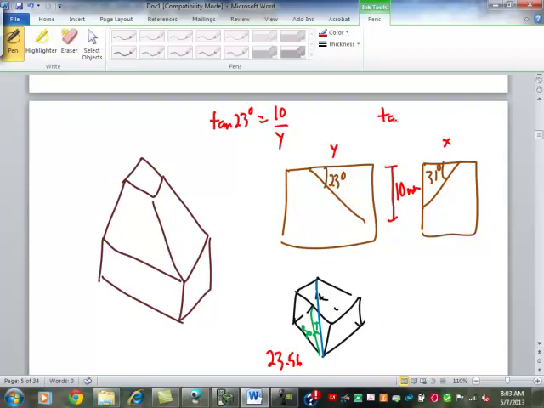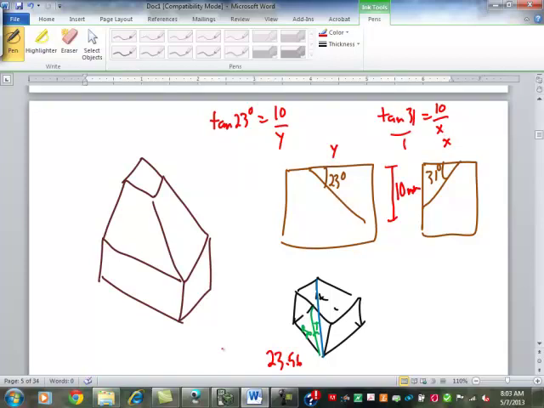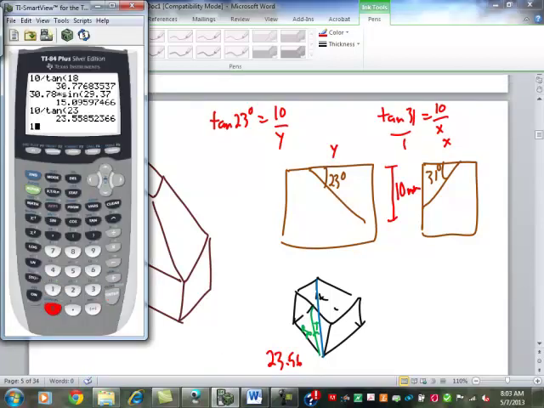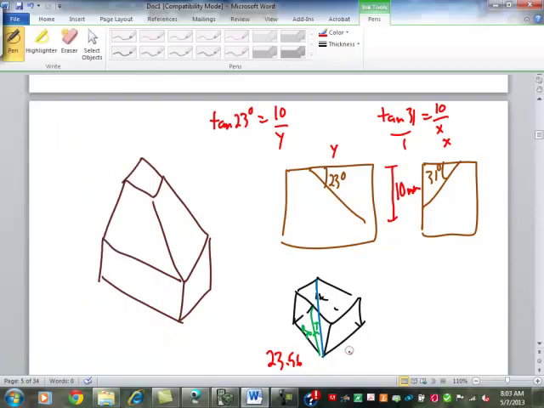X: tangent of 31 is going to equal 10 over X. So 10 divided by tangent of 31 gives us X. That's 16.64. This depth, of course, is 10.